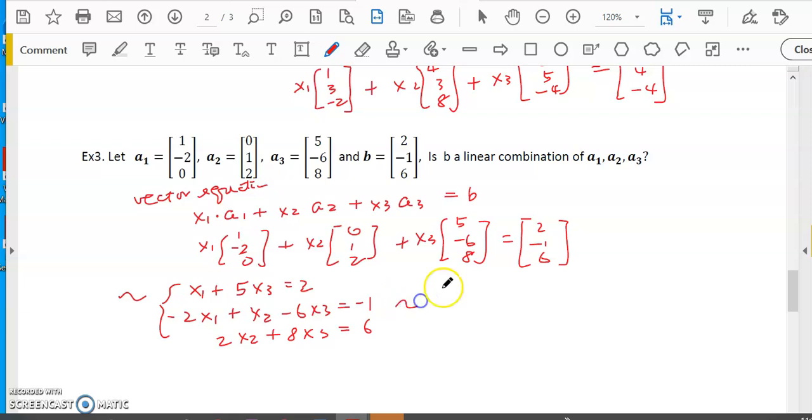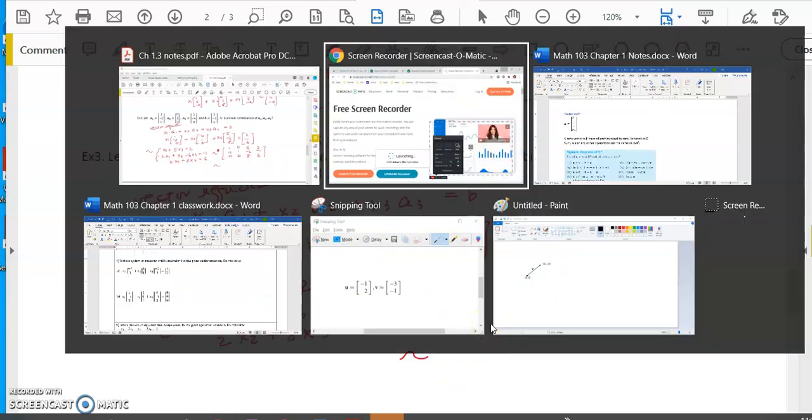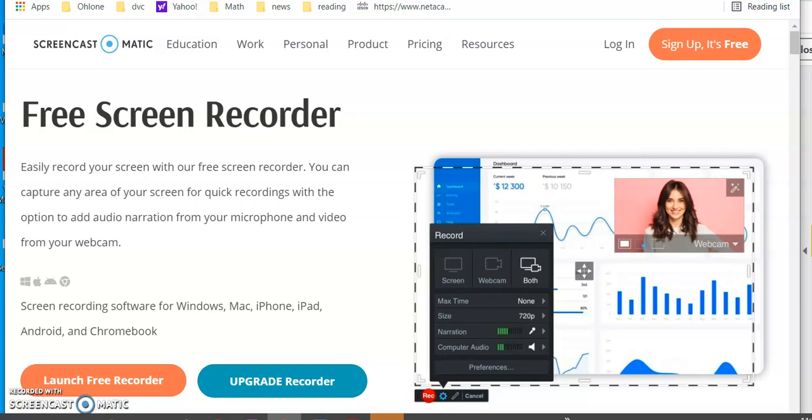And to solve this is equivalent to doing the augmented matrix, right? The augmented matrix with columns (1, -2, 0), (0, 1, 2), (5, -6, 8), and (2, -1, 6). This is what we learned in 1.3. If we can do the reduced row echelon form, then we can solve it.